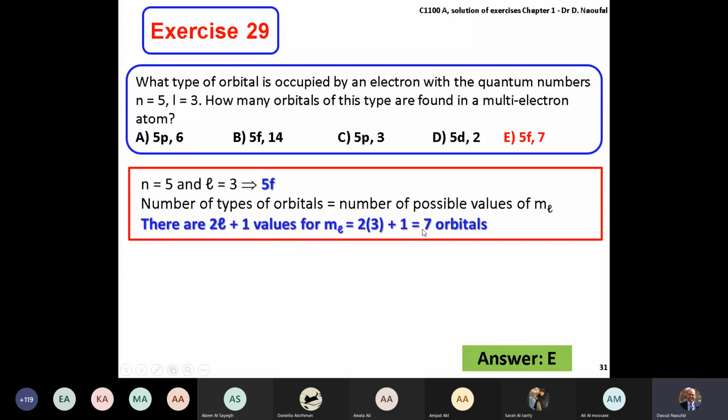So we have 7 orbitals. This is a rule that applies directly: the number of orbitals is equal to the number of possible values of m_l, which is 2l plus 1 values.